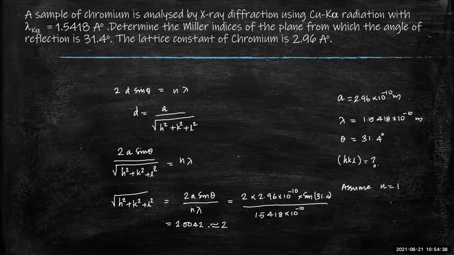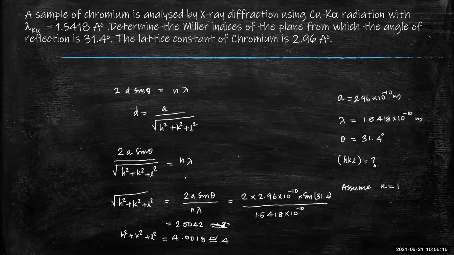When we are adding squares of some integers, it will not be fractions, so I omitted that. So h square plus k square plus l square is approximately equal to 4.00 something, then approximately equal to 4.